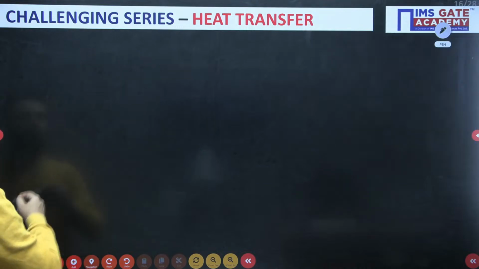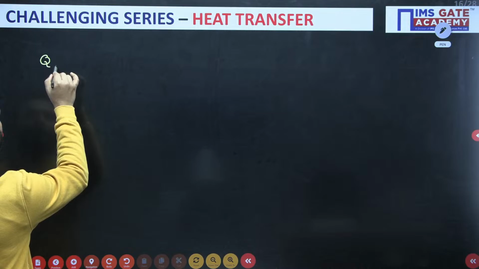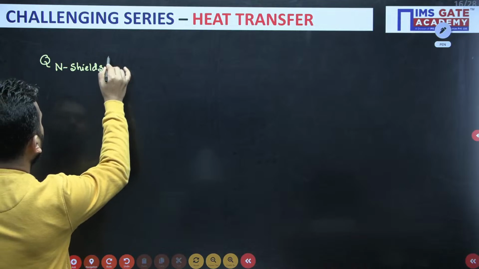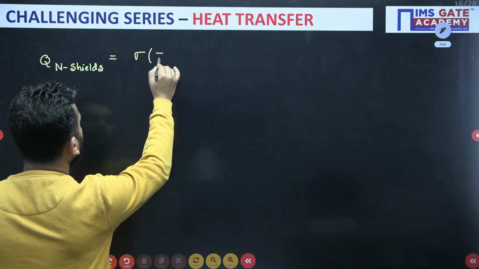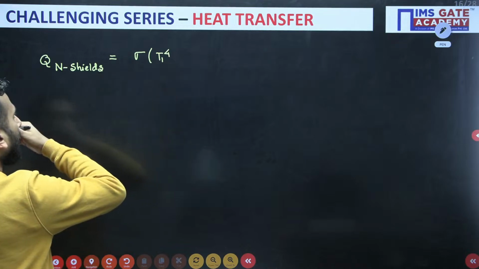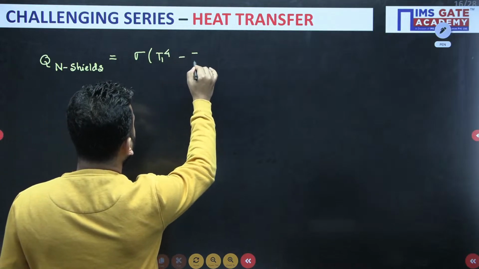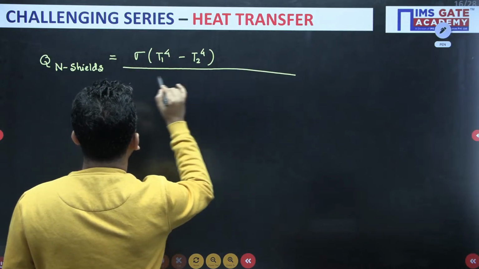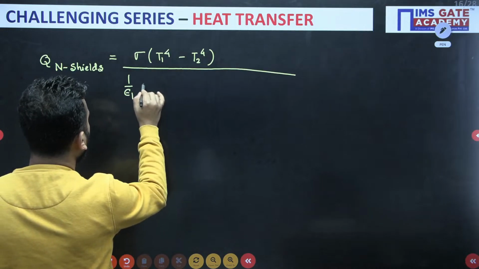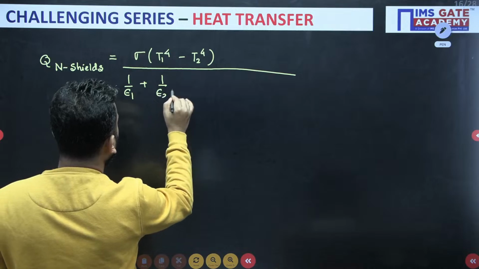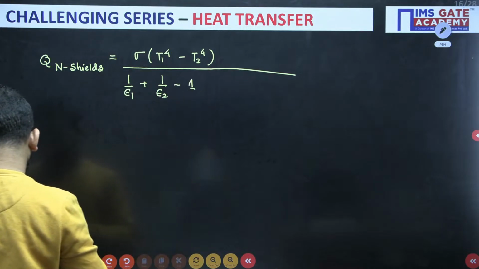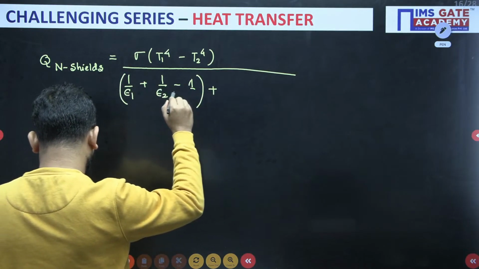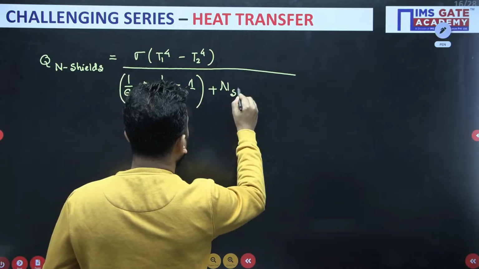And now what is the Q with N shields? Q with N shields is sigma, and from here, N shields I have inserted.